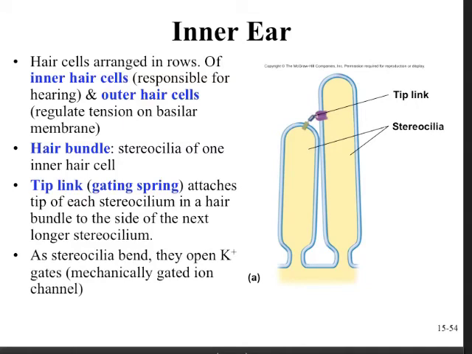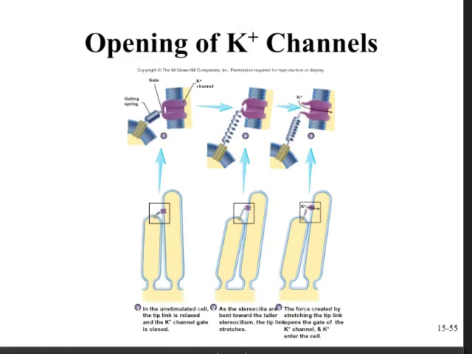As the stereocilia bend, they open potassium gates, which are mechanically gated ion channels. That's where the inner hair cell produces the current that we interpret as sound. Here we get the mechanics of all this. In an unstimulated cell, the tip link is relaxed and the potassium gate is closed.